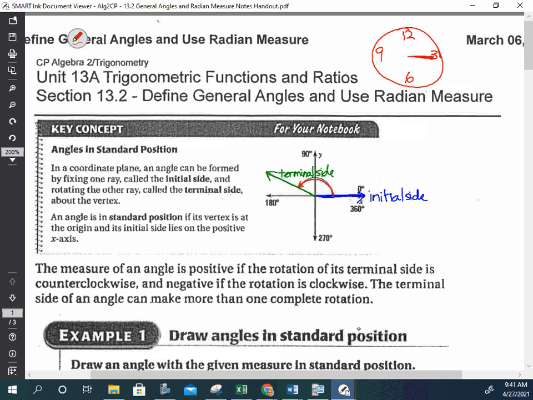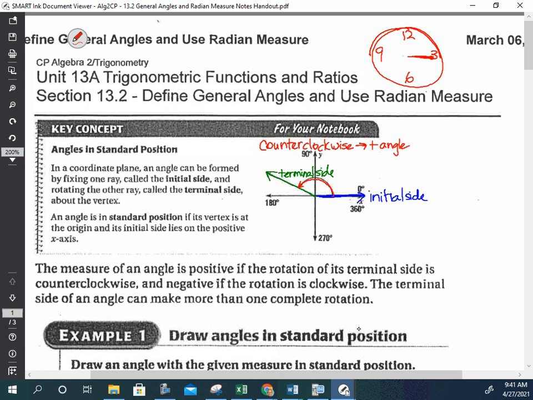If you're going backwards, that's counterclockwise. So anytime you go counterclockwise, your angle is positive. That's for a positive angle.